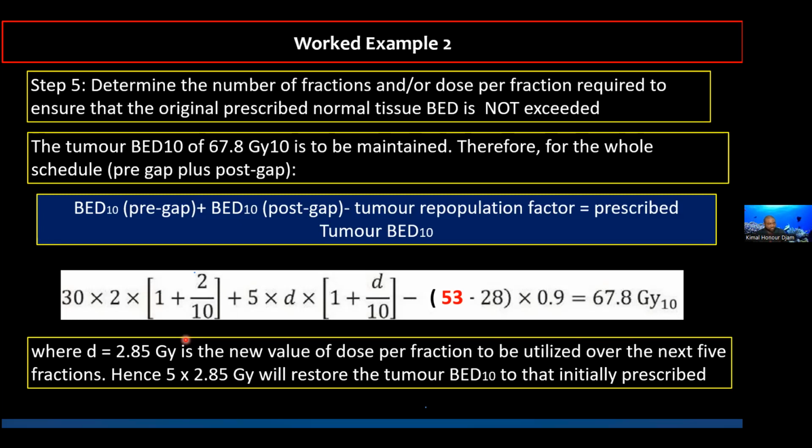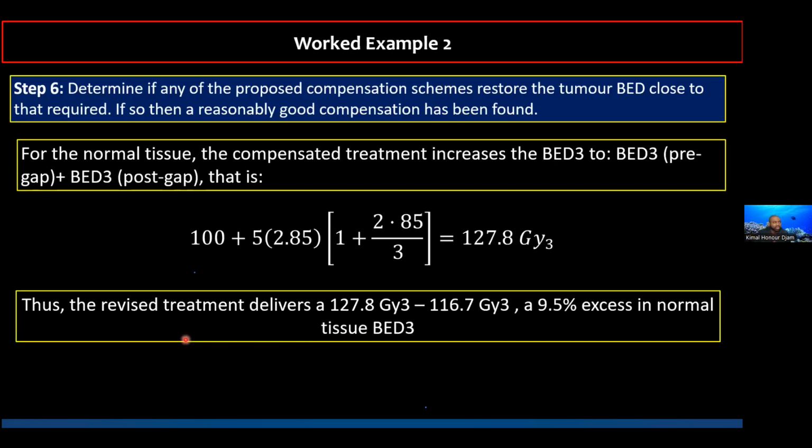And so as the physicist, you need to evaluate whether with this new fraction, we are still going to meet our dose constraints for that particular treatment plan. And to do that, essentially, we need to calculate the normal tissue BED using the new fraction dose.